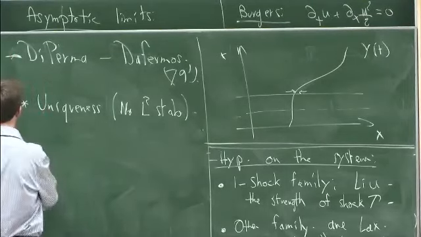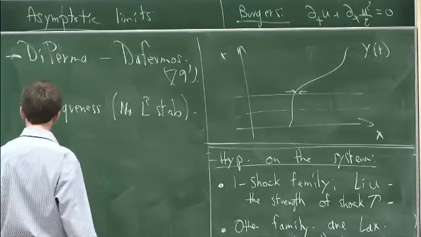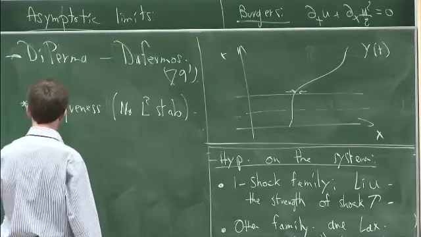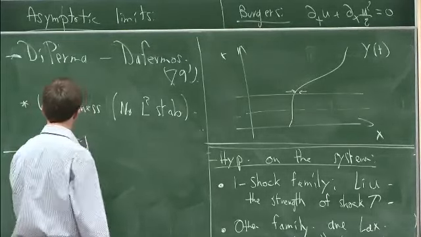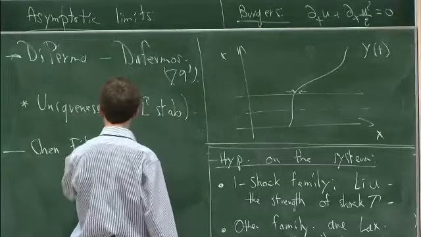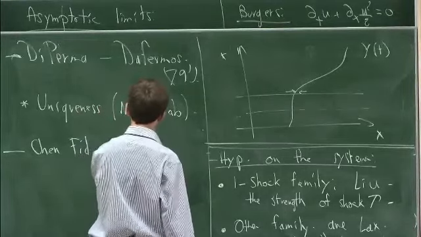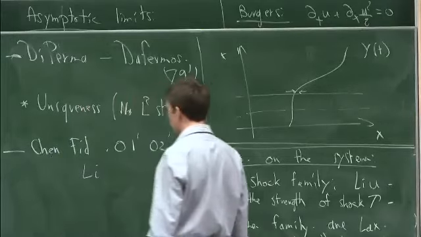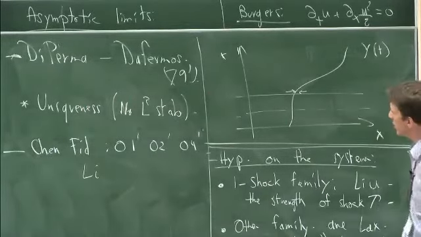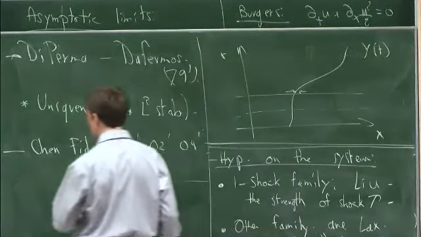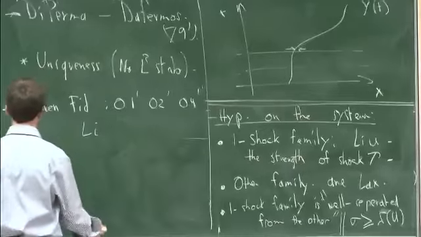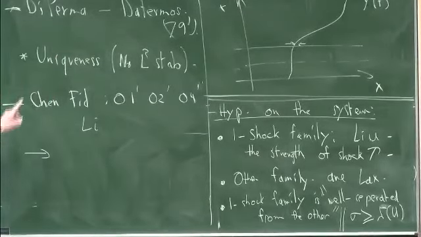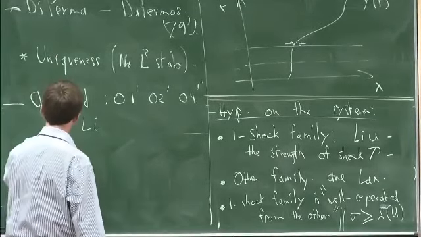I should also cite the work of Chen and Frid. There is a list of works by them: 2001, 2002, 2004, and one of them is with a third collaborator, Li. Basically, what they showed, they already pushed this a little, so they also had uniqueness.